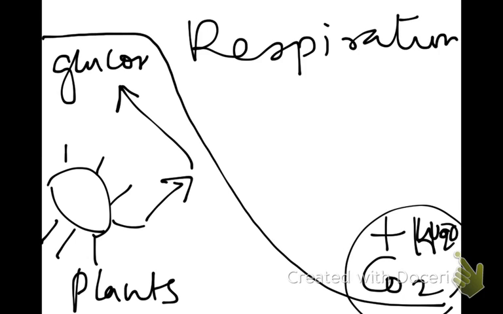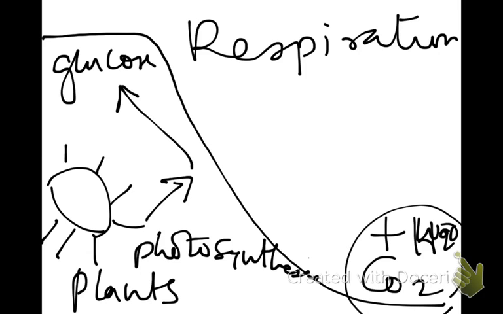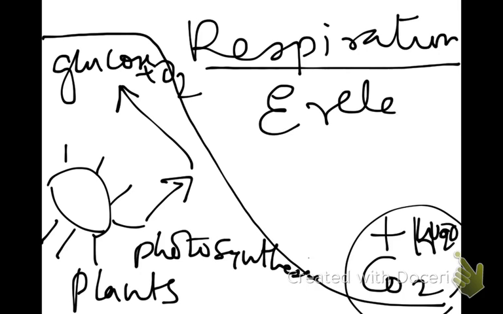That is the process of photosynthesis. If you look at it very carefully, the process of respiration involves the breakdown of glucose with the help of oxygen to release carbon dioxide and water, and energy is released out of this.